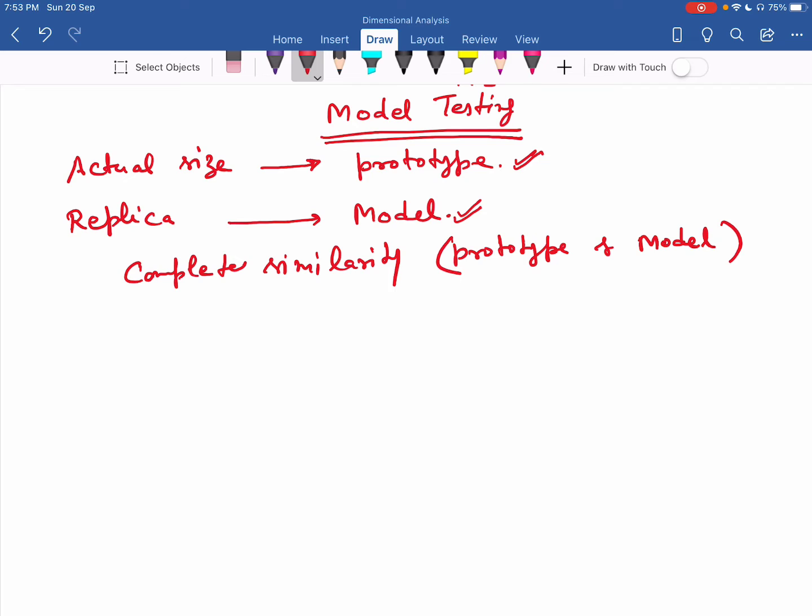This complete similarity we call similitude.